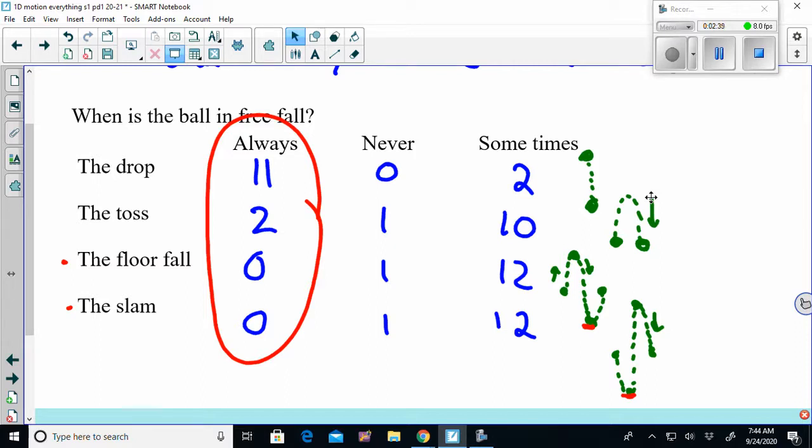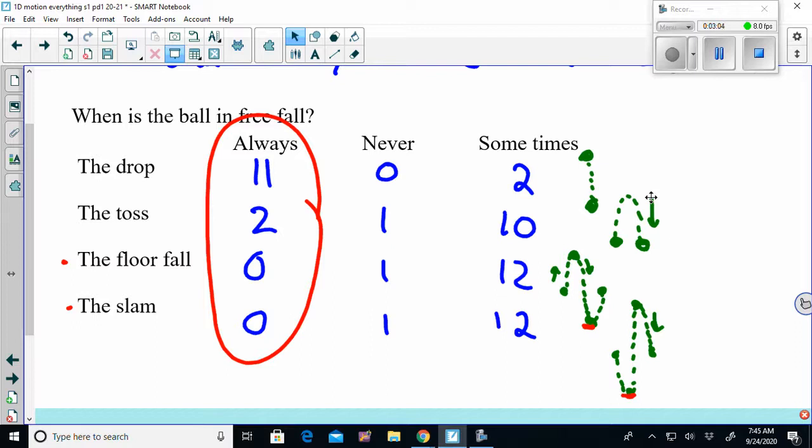For the most part, we're going to ignore air resistance because over this short distance, it doesn't have any effect. But technically, we're going to pretend we're in what's called happy physics land, where there is no air resistance. So in happy physics land, this object is always in free fall. Even in the slam, because remember, I said start when it leaves my hand.